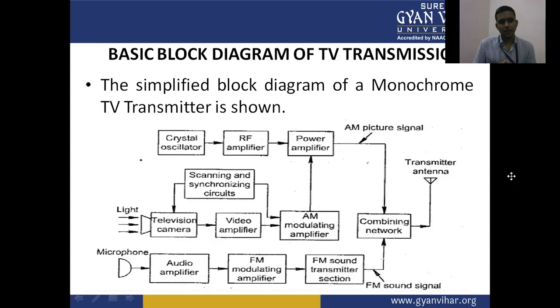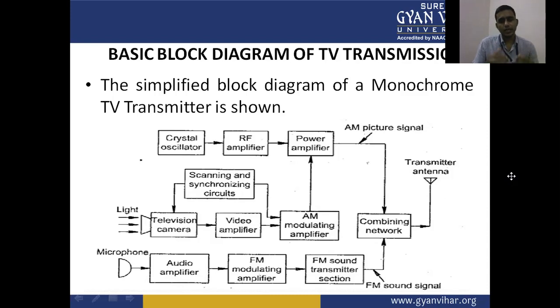The television camera is connected with the scanning and synchronizing circuit, whose output is fed into the amplitude modulating amplifier. In the AM modulating amplifier, the amplitude of the picture is modulated. Similarly, the output of the amplitude modulating amplifier is fed to the power amplifier.